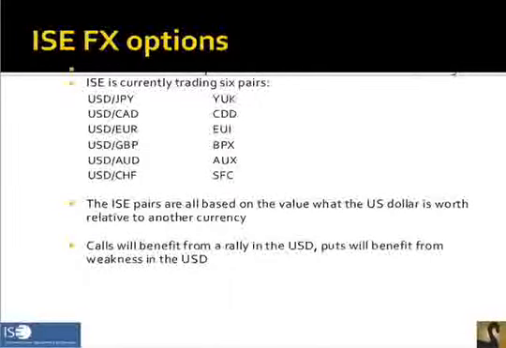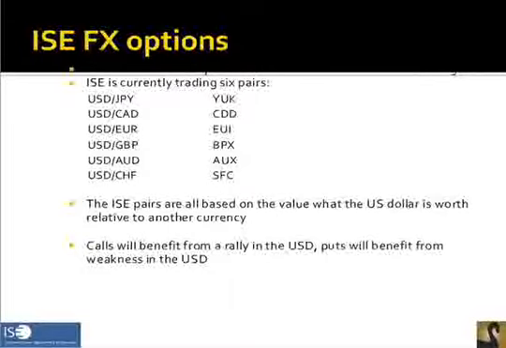The reason for that is that it was what is $1 worth in another currency, so that we could look at it from a dollar-based situation. That would be standard for all 6 pairs. I mean, actually, we have 9 pairs now.